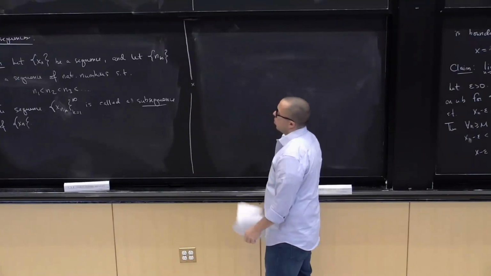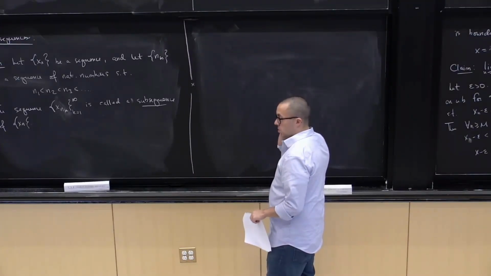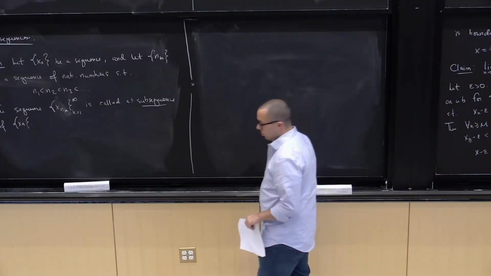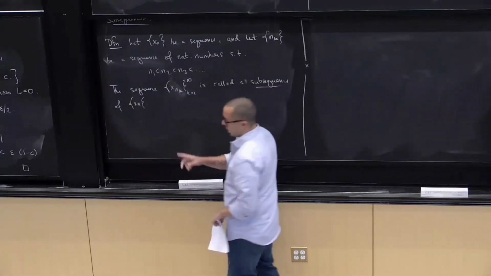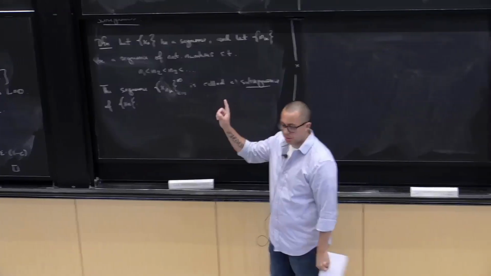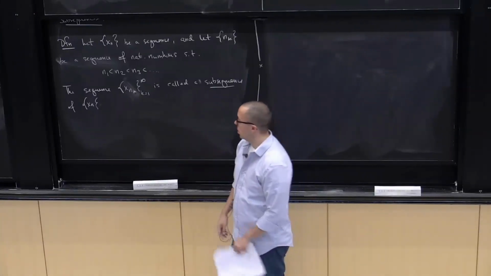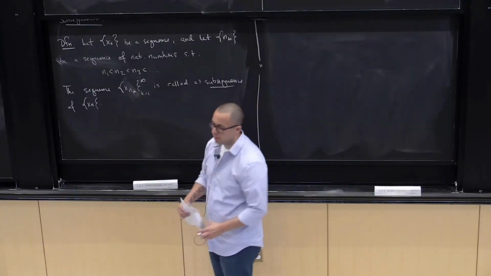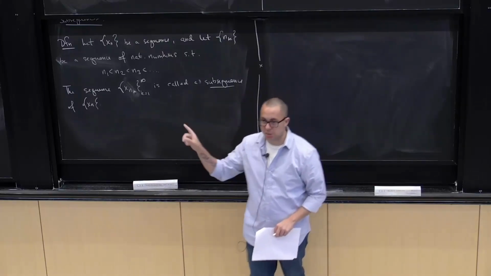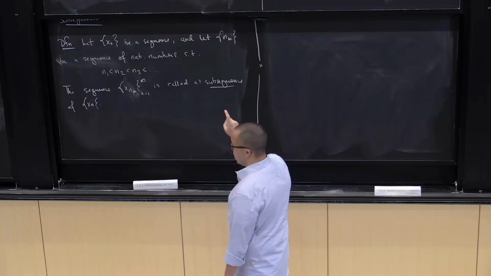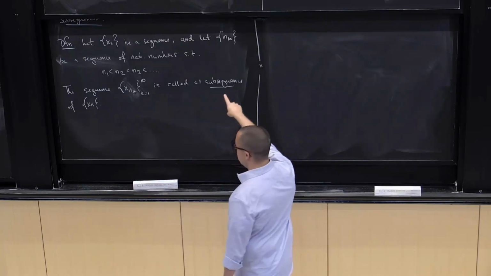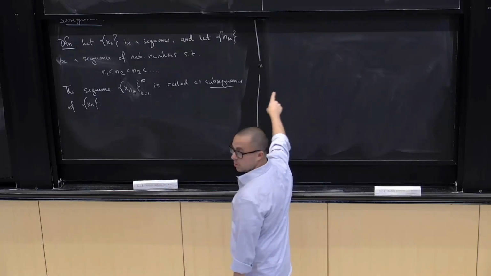All right, so how should you view subsequences of a sequence? You should think that I line up all the entries of my original sequence x sub n, and then I just start picking entries out of the sequence. But every time I make a choice, I have to move to the right and make another choice.